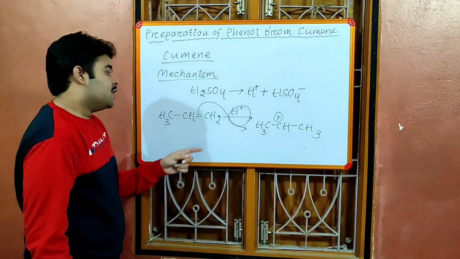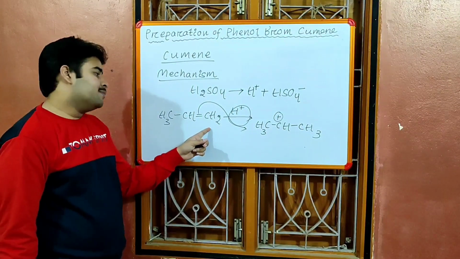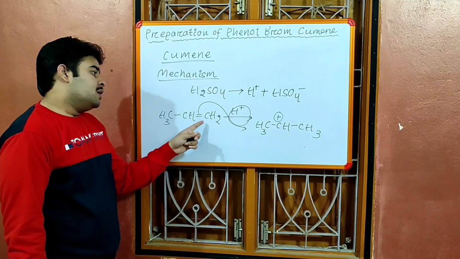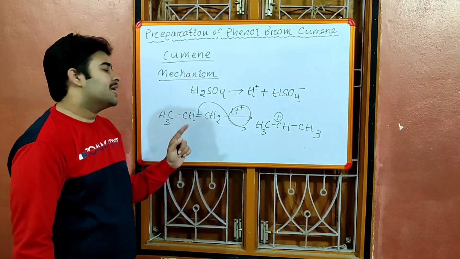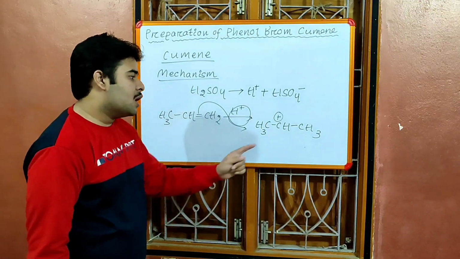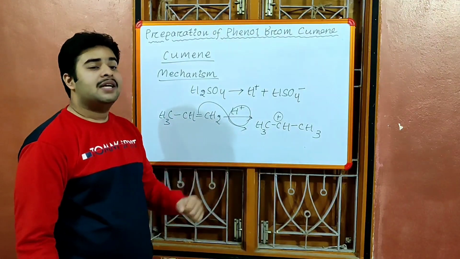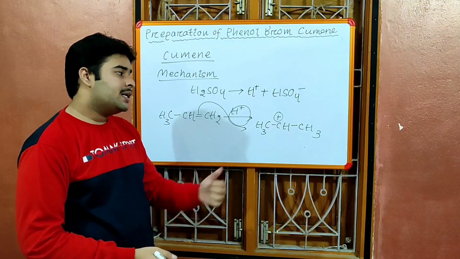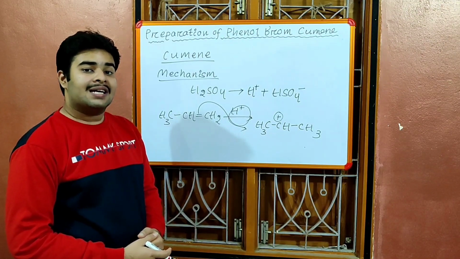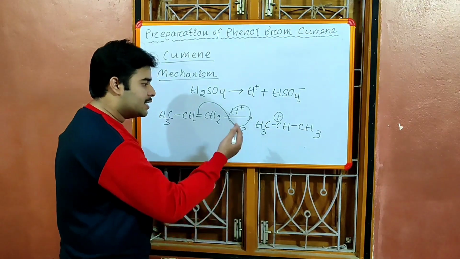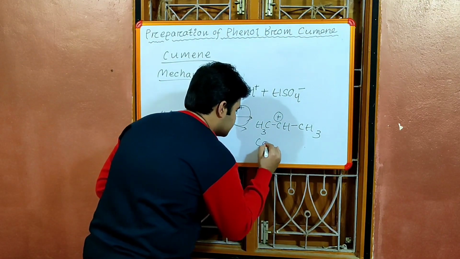In this case, the proton is abstracted by this carbon, and here one plus charge has arisen. So what is this? It is an intermediate. What kind of intermediate? It is a carbocation, a short-lived species which can act as our intermediate. So it is our carbocation.